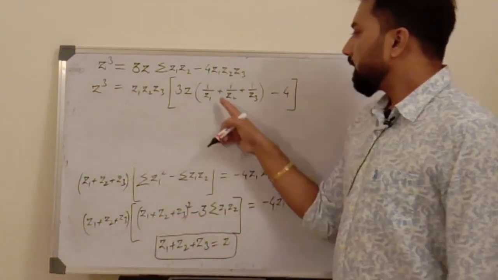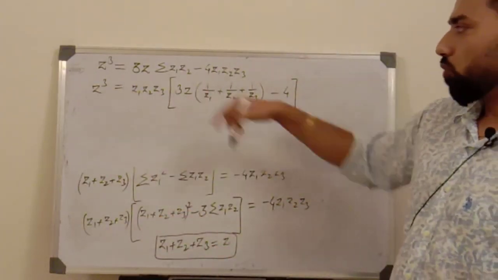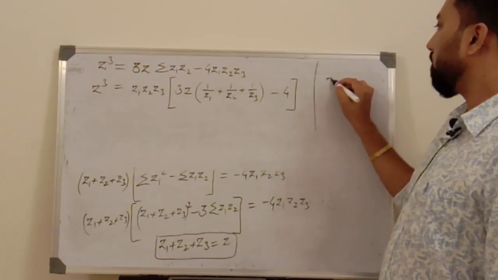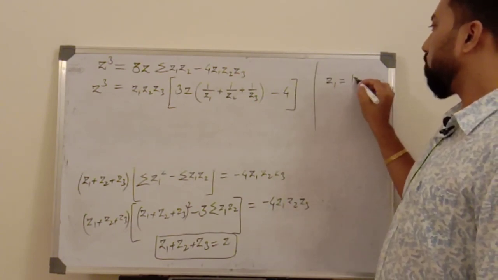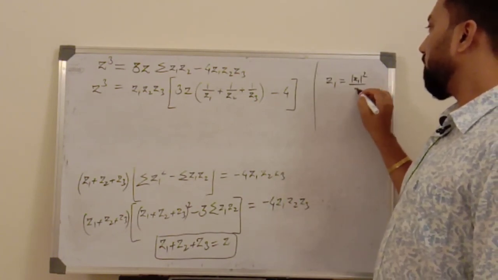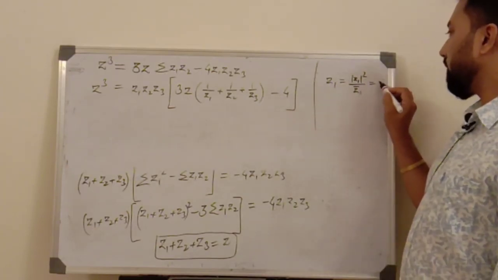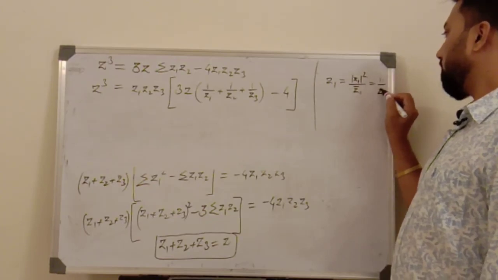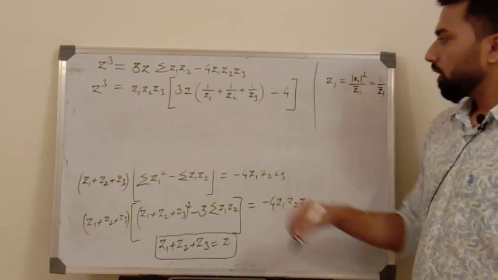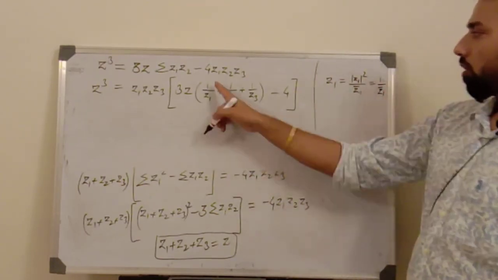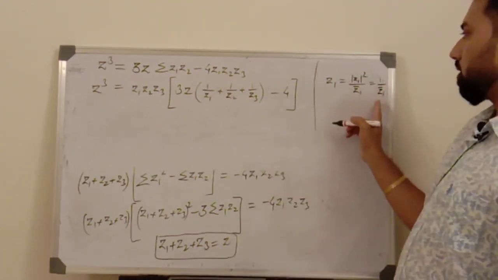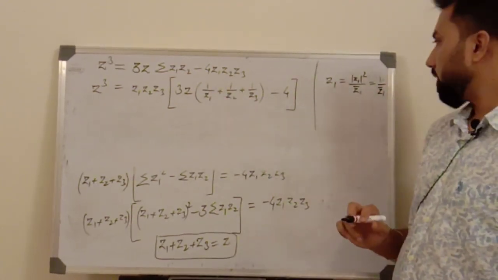Now see, the modulus of z1 is 1, right? So here I can write z1 is mod z1 square upon z1 bar, right? Mod z1 is 1, so this will become 1 upon z1 bar. So I can write 1 by z1 as z1 bar over here, right?